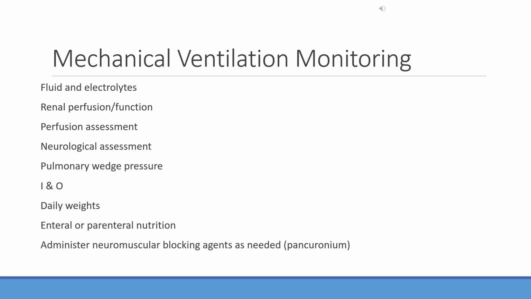It has no sedative effect, but a sedative or analgesic should be prescribed as an adjunct to pancuronium. This medicine does have an adverse effect of increasing production of respiratory secretions, so they may need to be suctioned more frequently. None of the neuromuscular blocking agents affects the mental status.